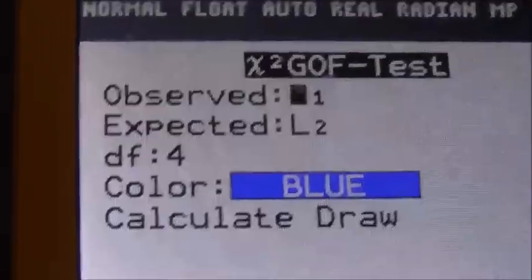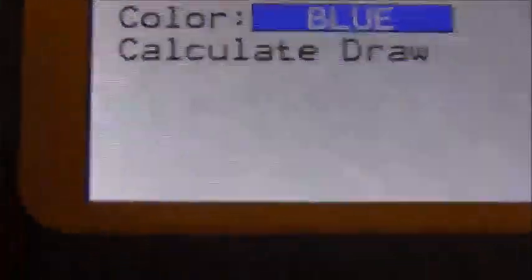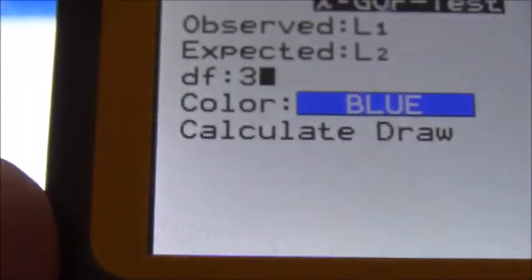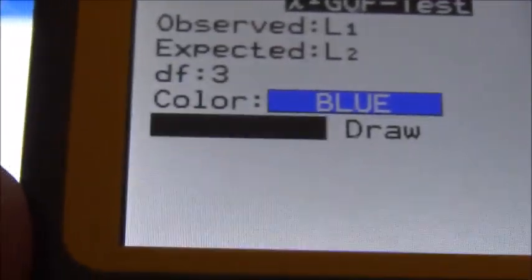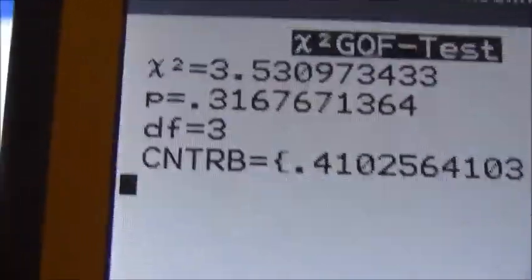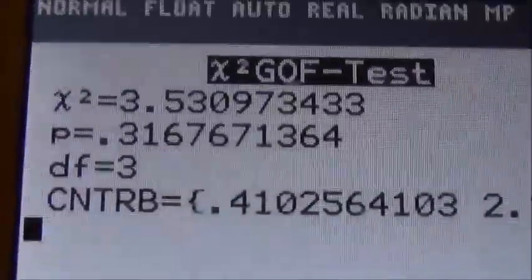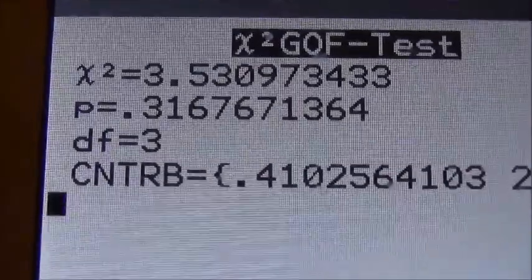Again, our observed is list 1, expected is list 2, and our degrees of freedom on this problem. We have 4 things, so we would do 4 minus 1, so our degrees of freedom is going to be 3. And then I'm just going to go down to calculate and have it calculate. So our chi-squared value, or our test statistic, if I round that off to 3 decimal places, would be 3.531.